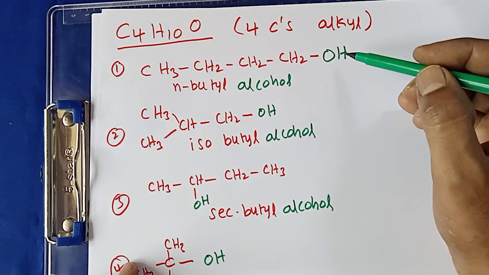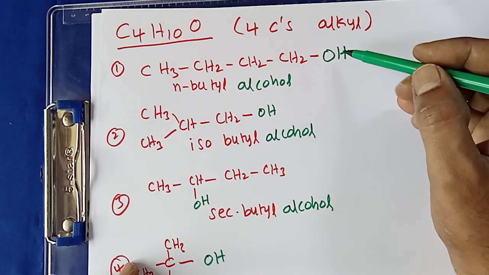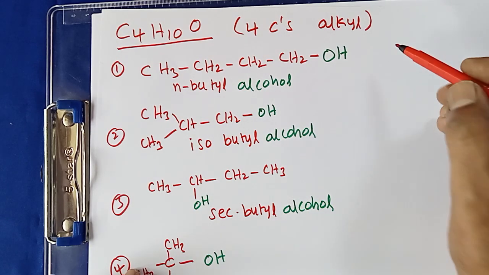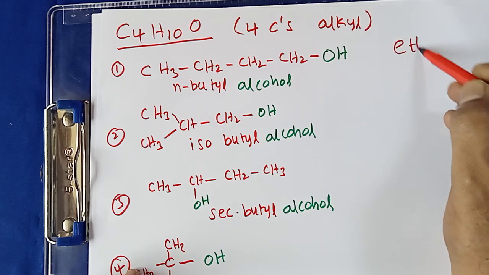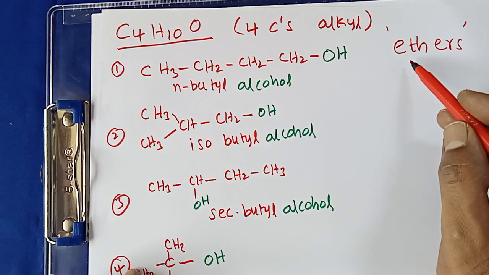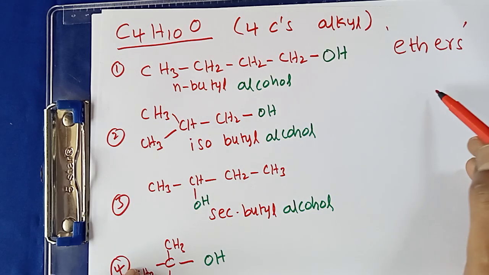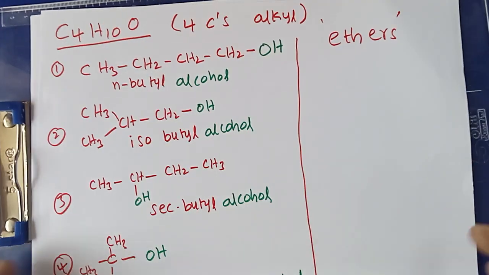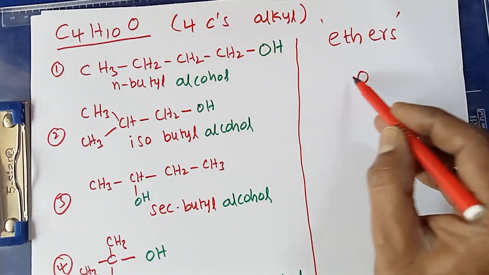Now ethers. These are the number of alcohols, total 4. Ethers: ETH means 2 alkyl groups are present, on both sides of oxygen. Number of ethers means 1 oxygen.